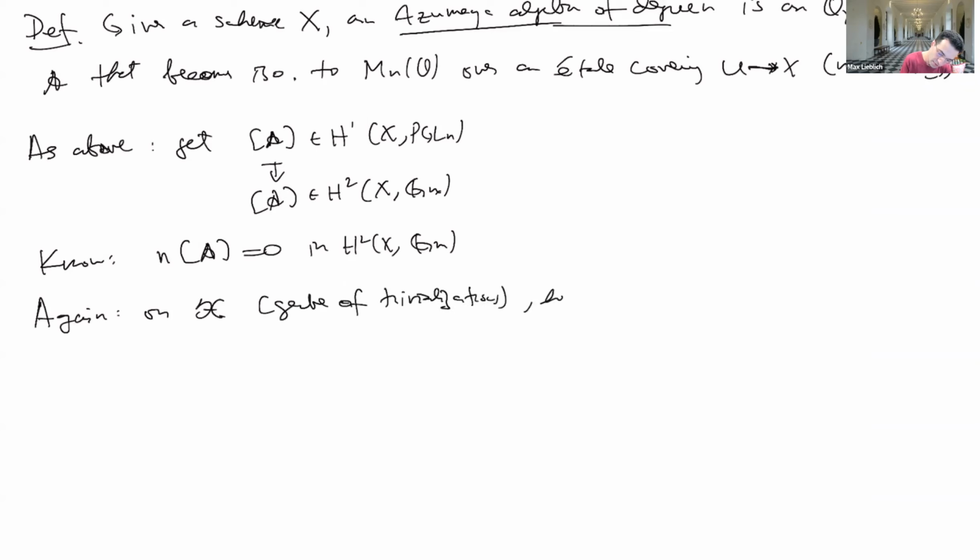We have this universal V and an isomorphism A restricted to X at the end of V. Okay. So you've got this, and it's a twisted sheaf, twisted vector bundle of rank N.